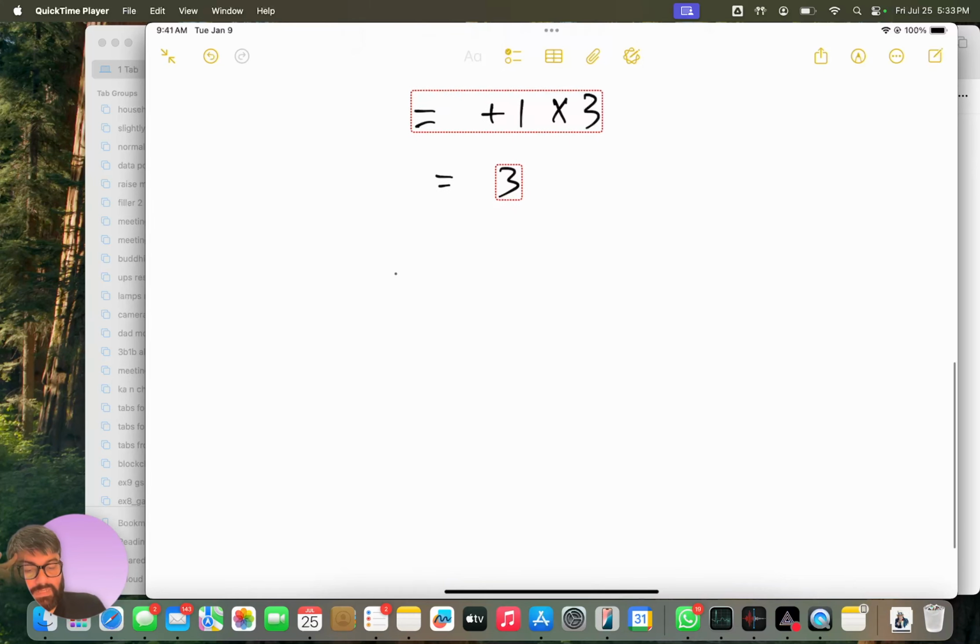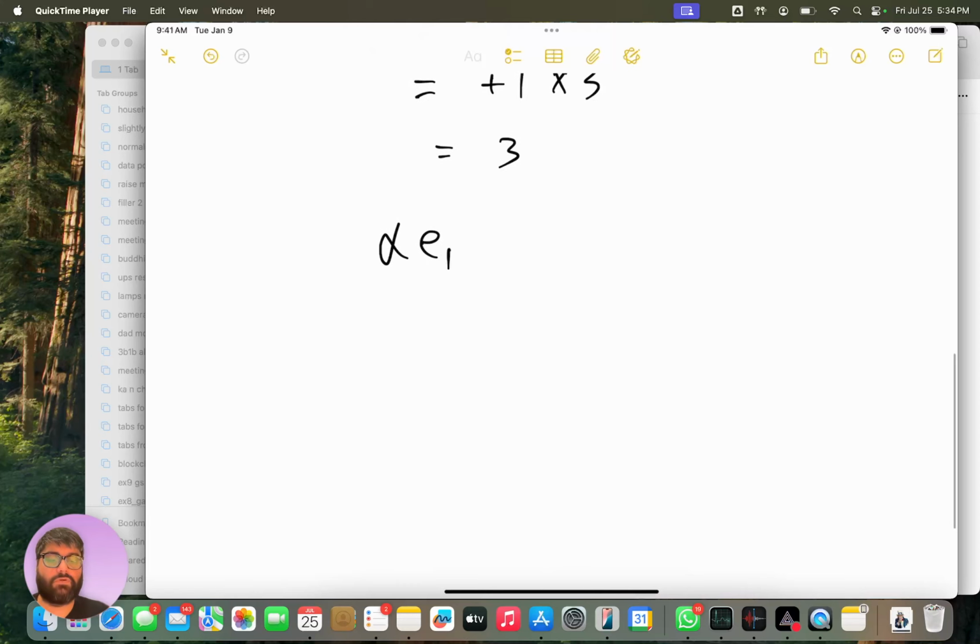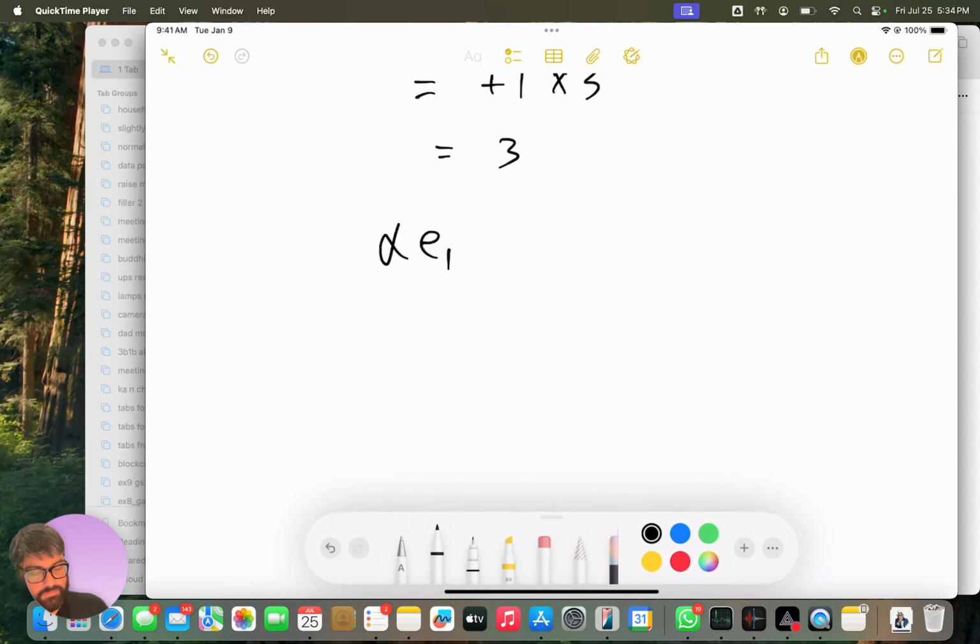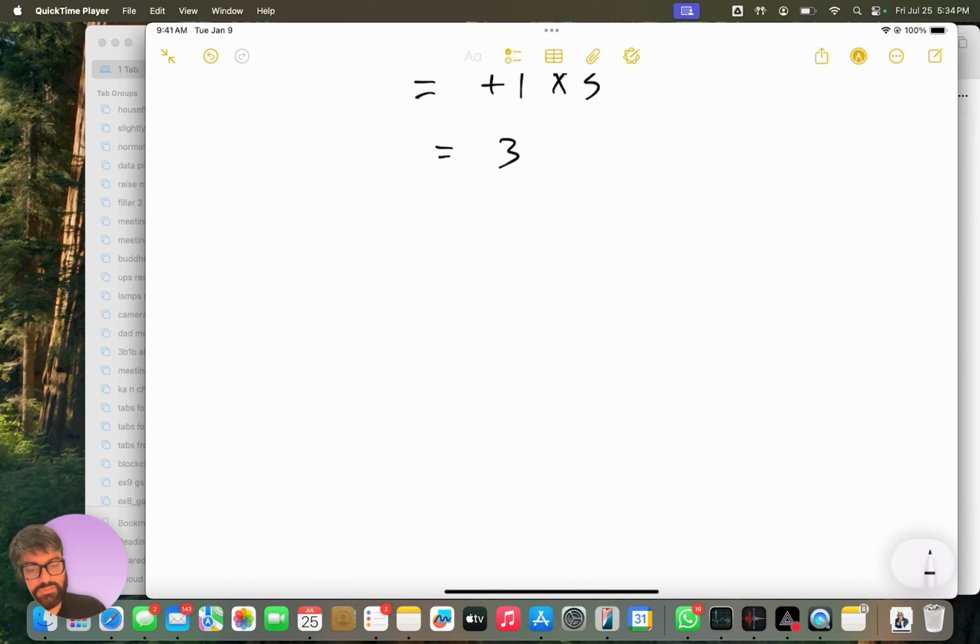Now we do alpha times E1. Now pause. What is E1? So I'm just gonna erase that really quickly. So essentially, to do the reflections, you have to pick a direction. And based on the number of dimensions you have, that many basis vectors.